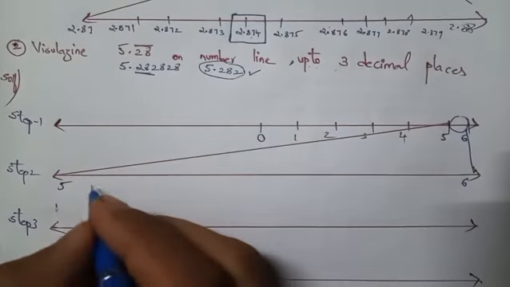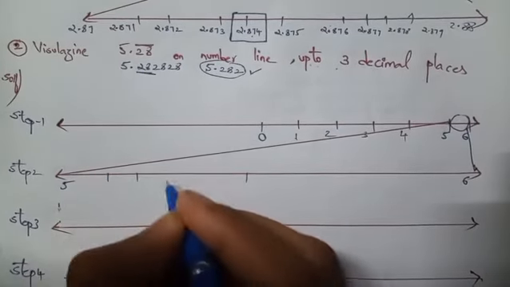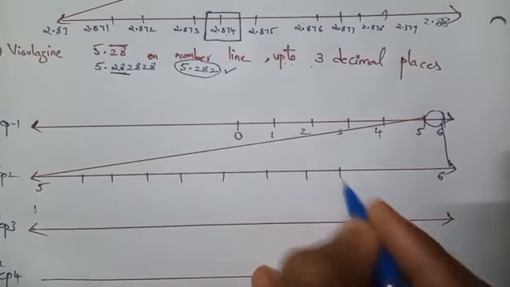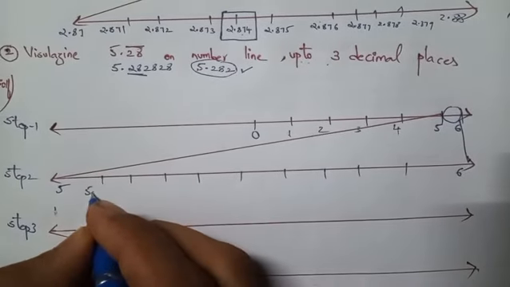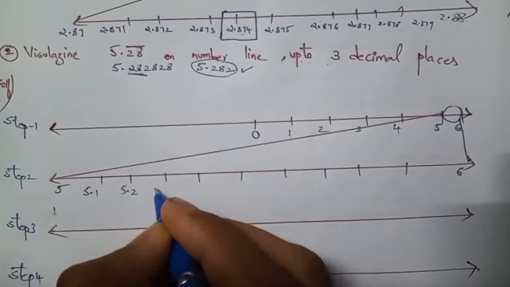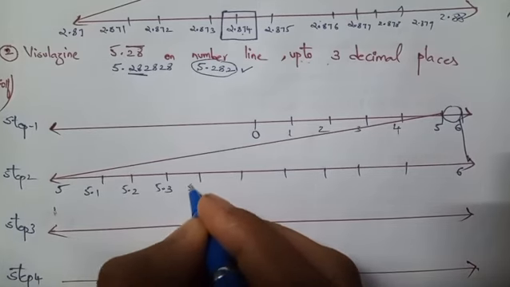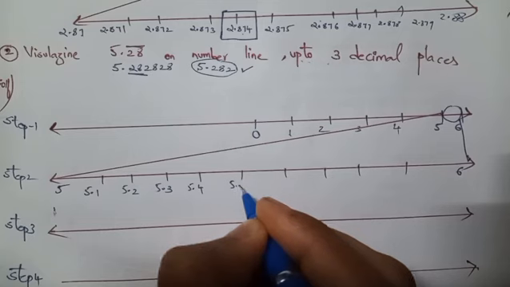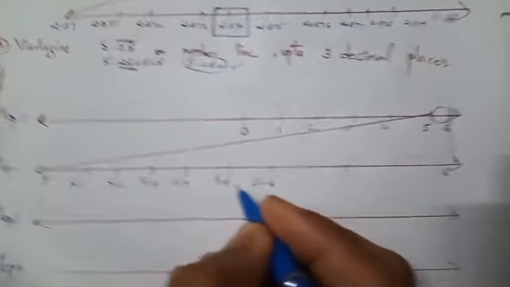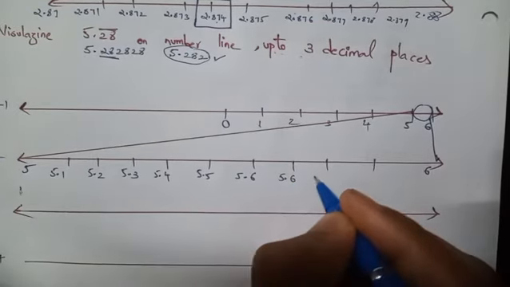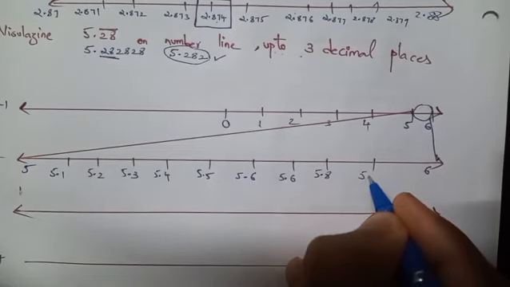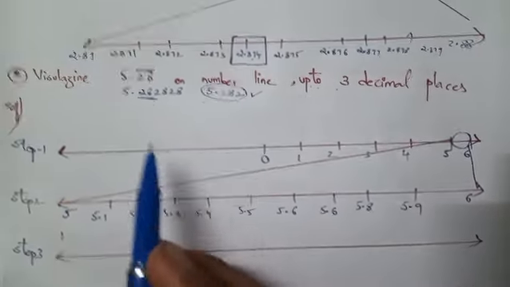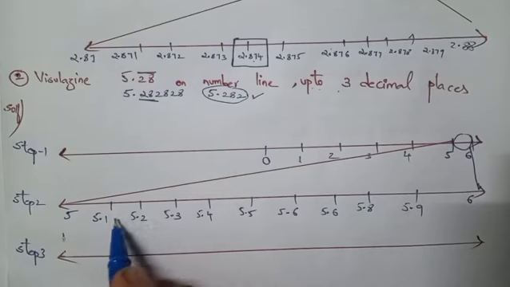So next 2 3 4, 1 2 3 4. We have 5.1, 5.2, 5.3, 5.4, 5.5, 5.6, 5.7, 5.8, 5.9. Now what is there? 5.2. Where is 5.2? Here.